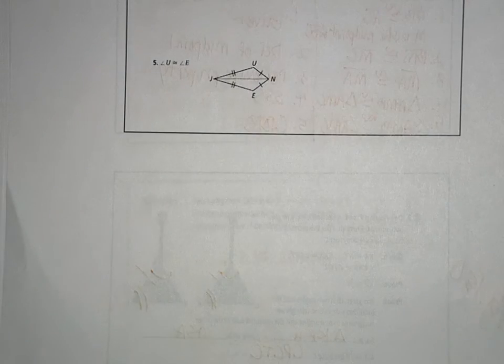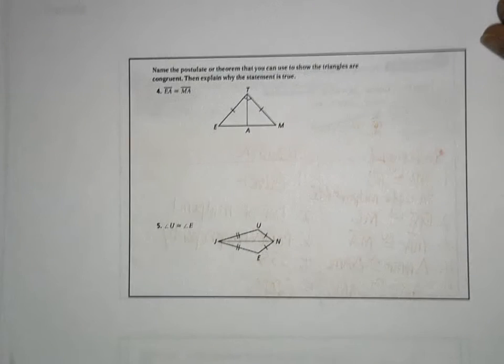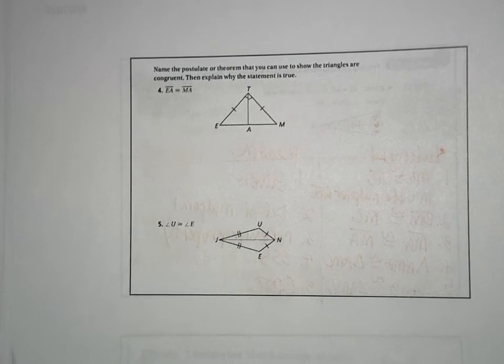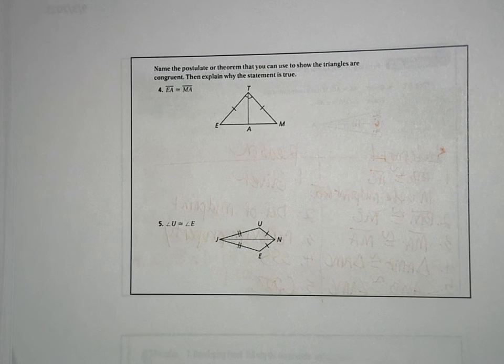All right, so we're going to do these last 2 problems together, and this is there on page 151. And it says, name the postulate or theorem that you can use to show the triangles are congruent. Then explain why the statement is true. Okay.